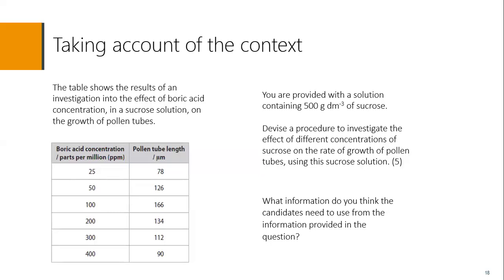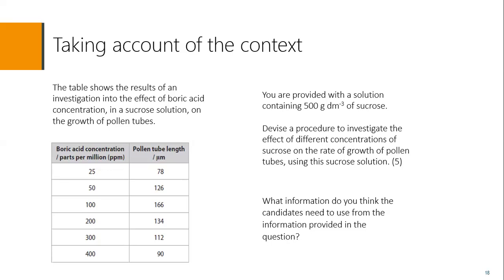So this question asks candidates to devise a procedure to investigate the effect of different concentrations of sucrose on the rate of growth of pollen tubes using this sucrose solution. So they started off with 500 grams per decimeter cubed. They were investigating the effect of different concentrations.